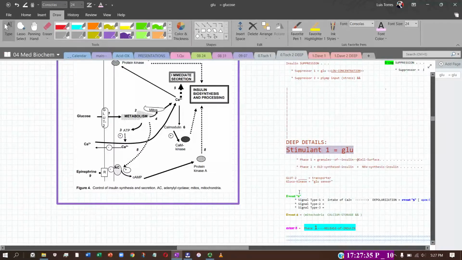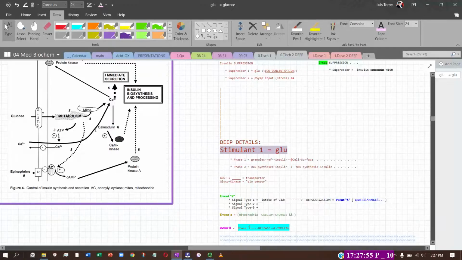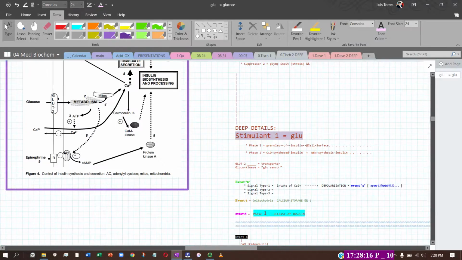What is relevant is that during event 2, you experience some signals. The first type of signal is an intake of calcium ions. After that intake, event 3 happens, with depolarization and some channels opening, and it looks like maybe calcium ions go back out.